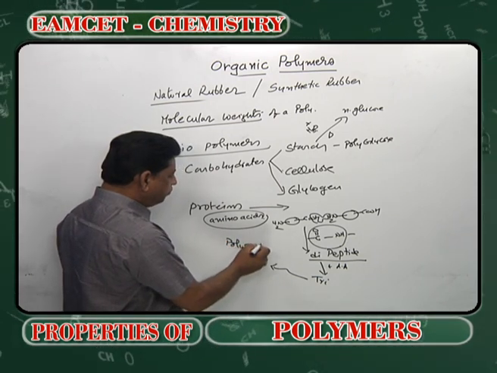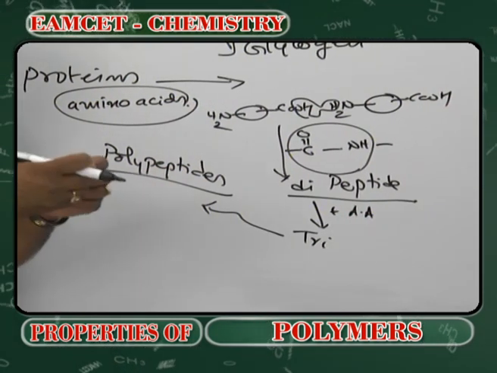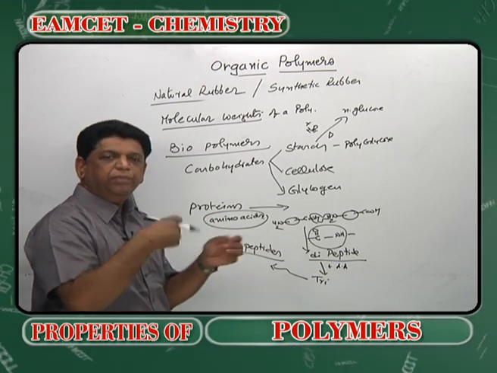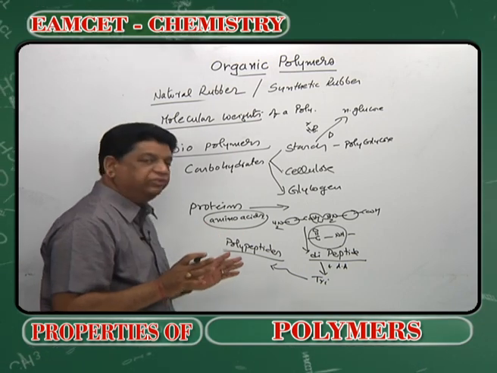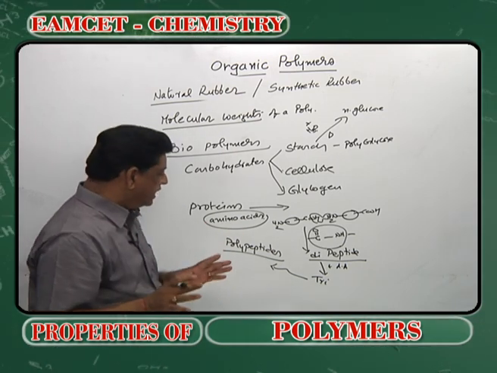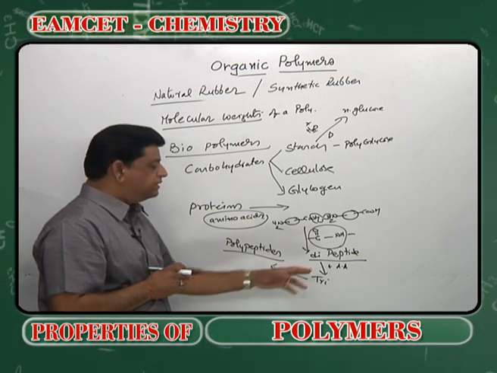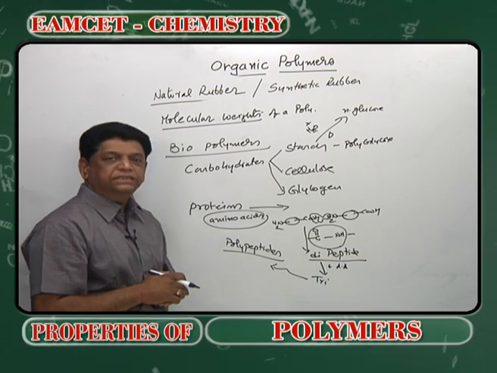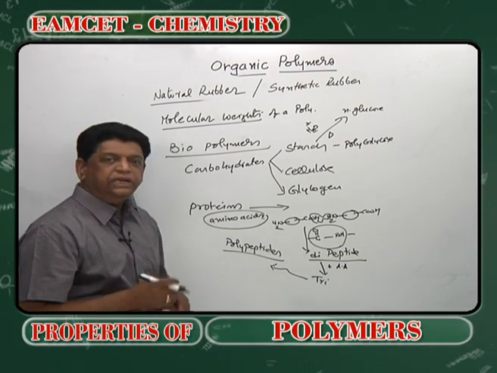The polypeptides assume certain structures. The sequence is called the primary structure, and it coils up through hydrogen bonding. Side by side there may also be some CONH links and ionic attractions, which give the tertiary structure, and then finally a quaternary structure.